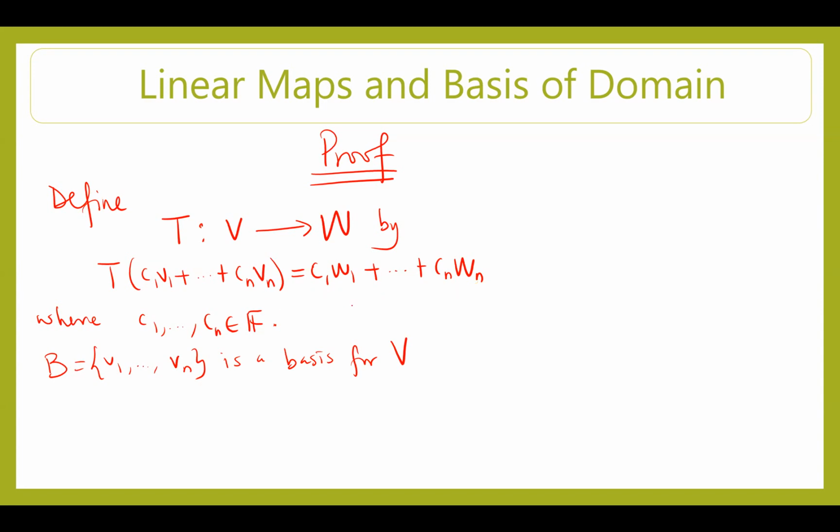So this linear combination, since each wi belongs to W, also belongs to W, being a vector space. Good.